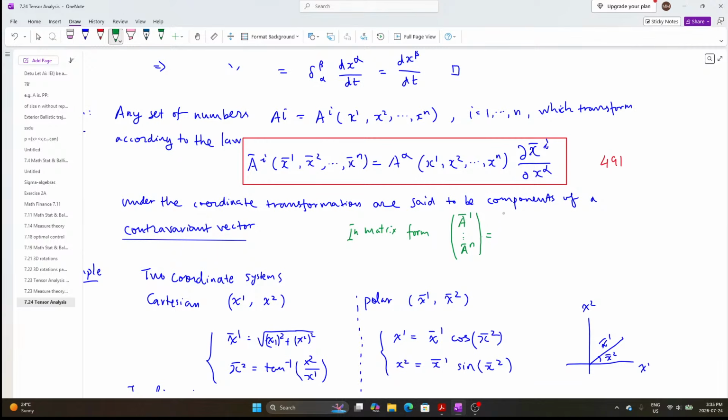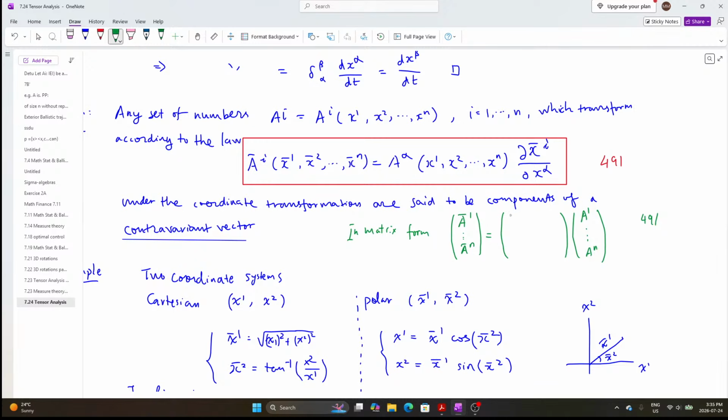But the idea is you would move the matrix to the left and then times the original vector a1 all the way to an. So this is also 4.91. They say completely the same thing. One uses the summation convention, one uses the linear algebra definition for matrix multiplication.